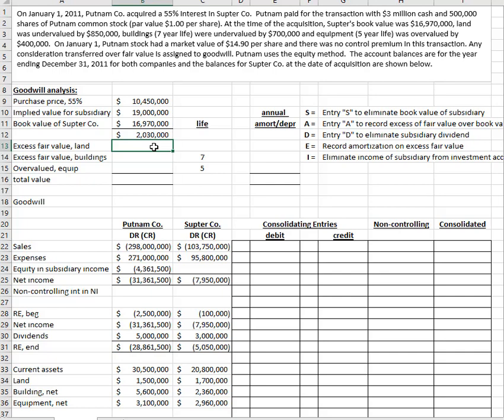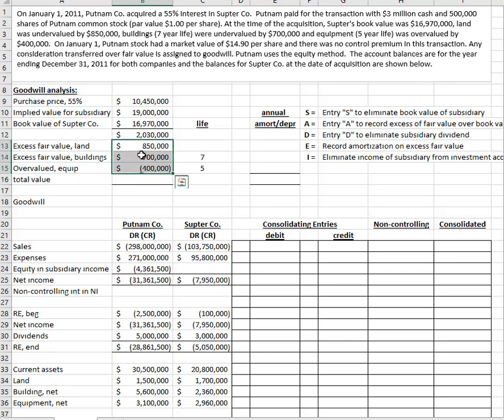All right, so let's see. So the land was undervalued by $850, so we'll write that up, $850,000. And then buildings were undervalued by $700,000. All right, and then the equipment was too high, and so we have to write the equipment down, which is possible.